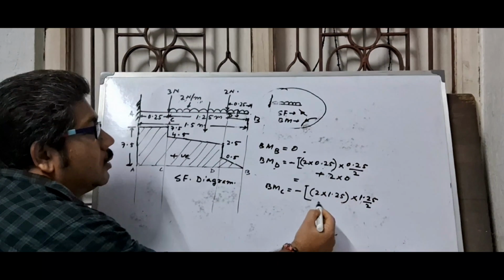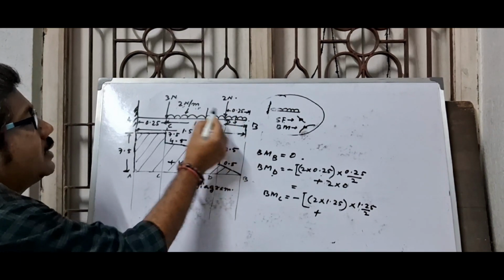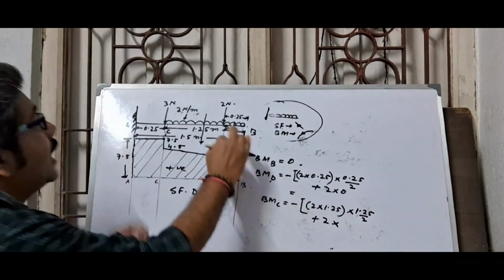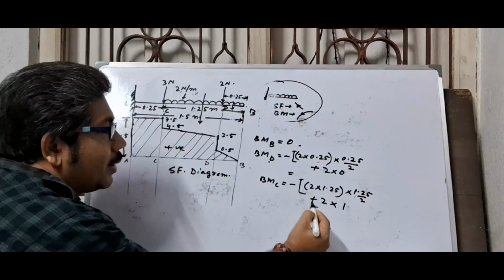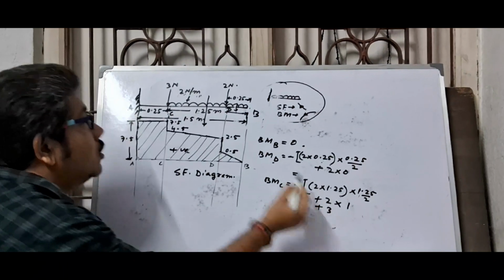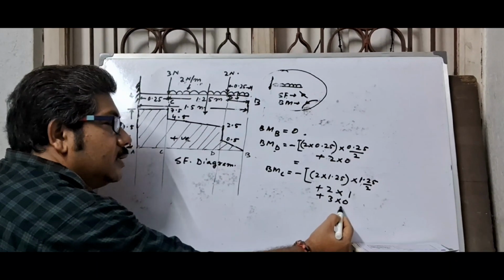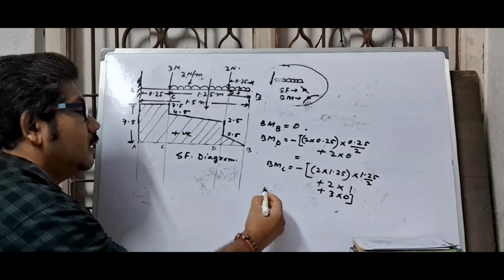Plus the point load 2 Newton acting at point D, you are taking moment at point C, so force is 2 and distance CD is 1. Plus another load, 3 Newton, acting at point C and you are taking moment at point C, so this value is 0. This is BM suffix C.